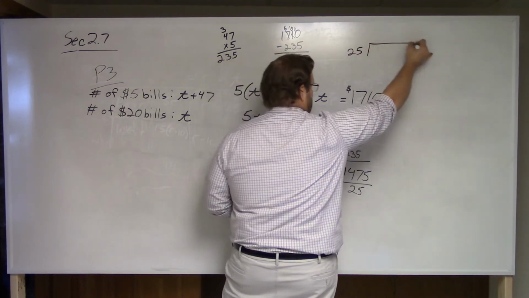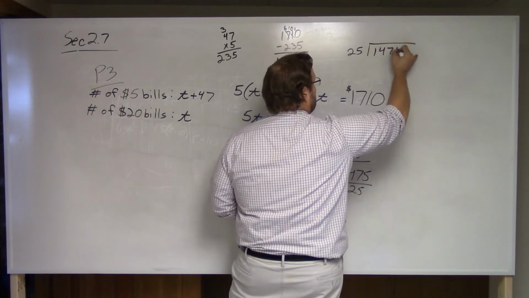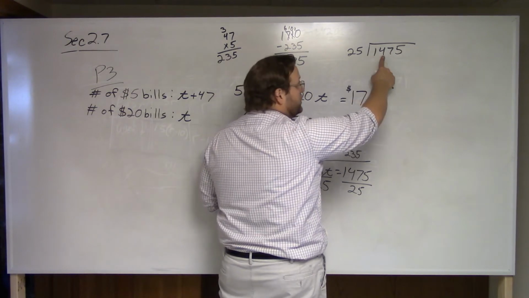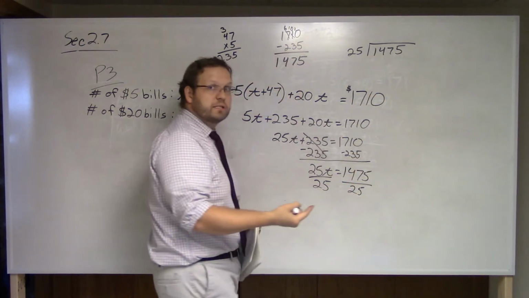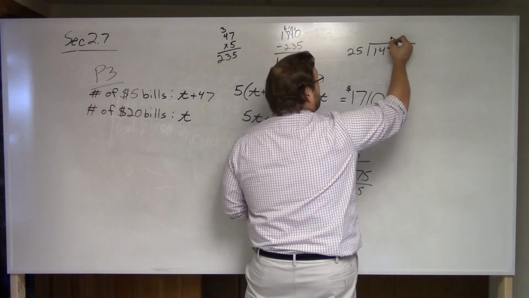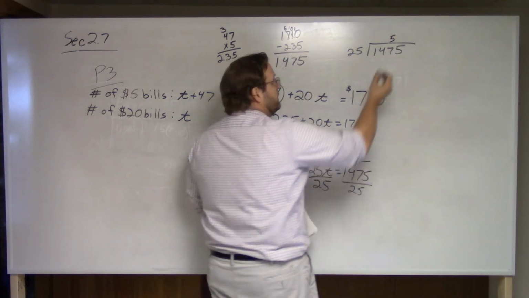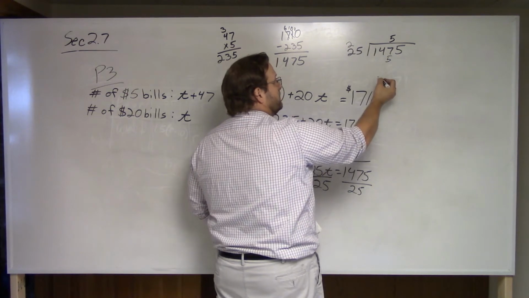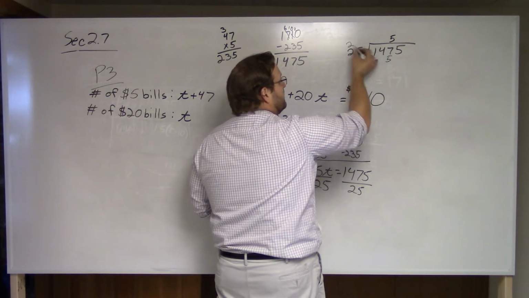25 going into that. 25 doesn't go into 1, doesn't go into 14, it does go into 147. 5 times. 5 times 5 is 25, carry the 2. 5 times 2 is 10, plus 2 is 12.